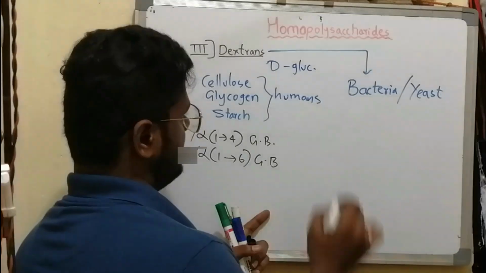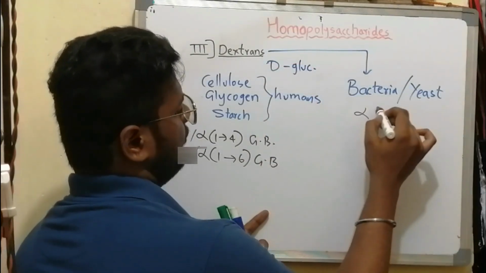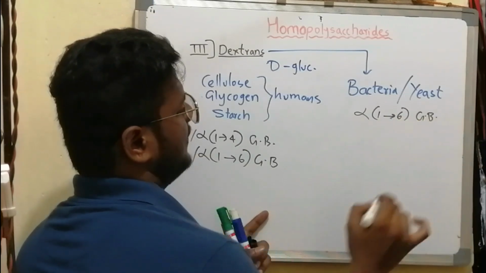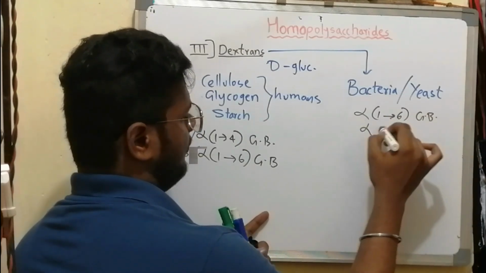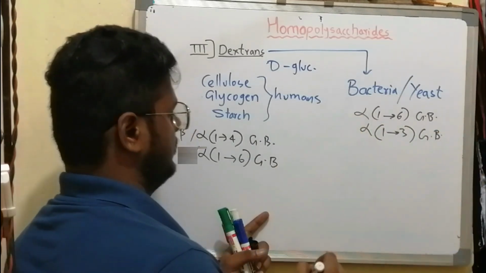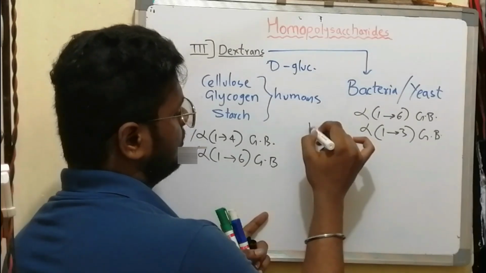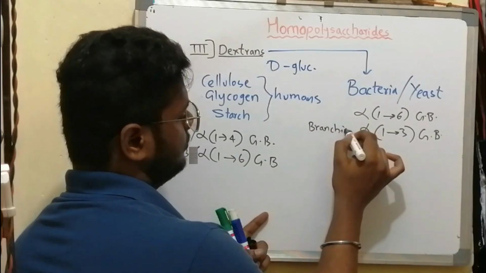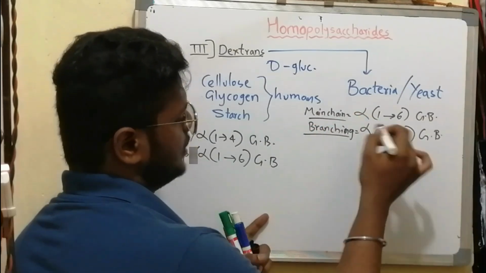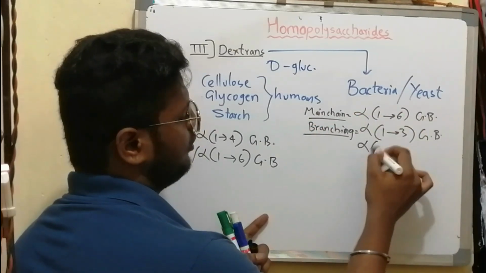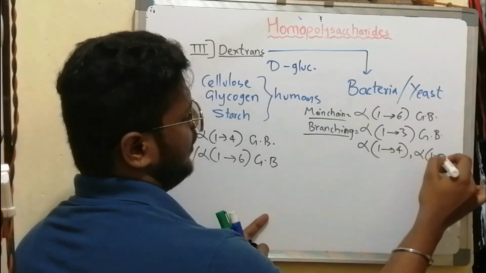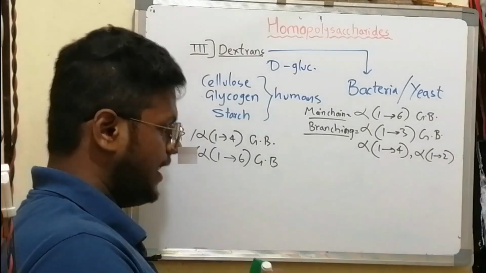But in the bacteria and yeast, the dextrans have alpha 1,6 glycosidic bonds as the main chain, and alpha 1,3 glycosidic bonds as branching points. So this is branching, and this is main chain. And sometimes we might also see 1,4 and 1,2 bonds as branching.